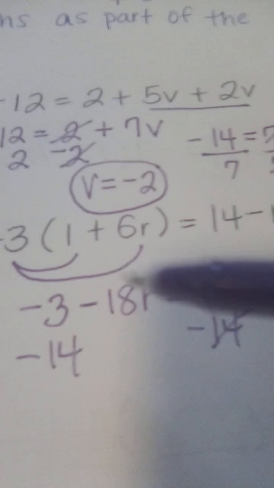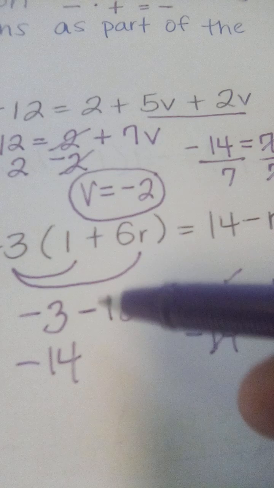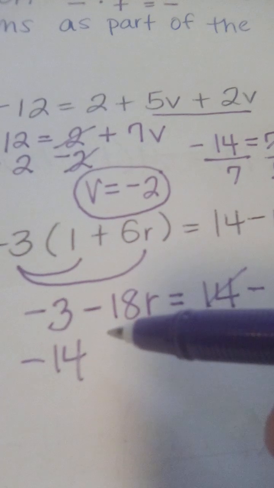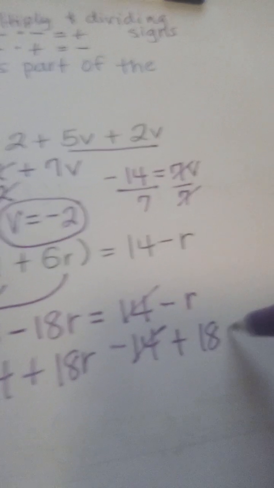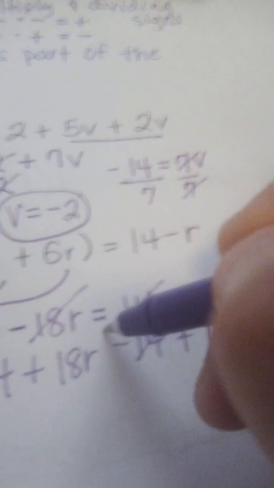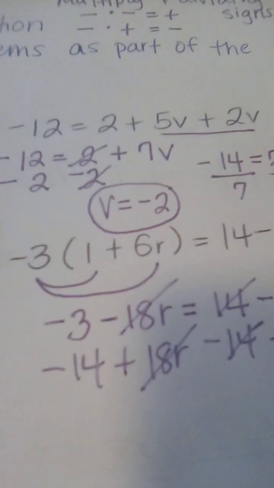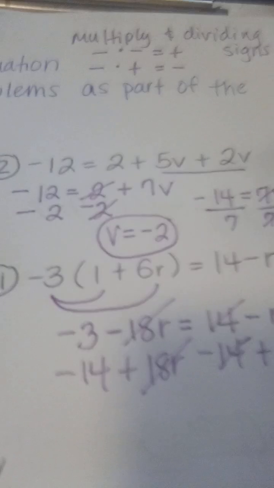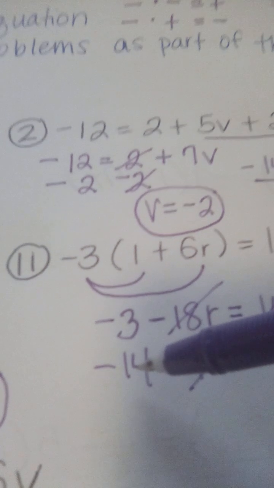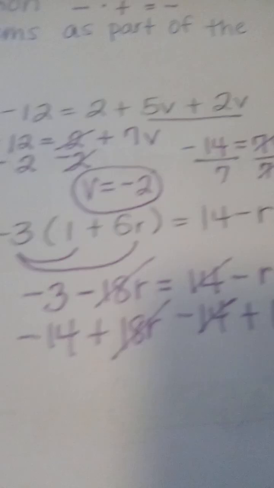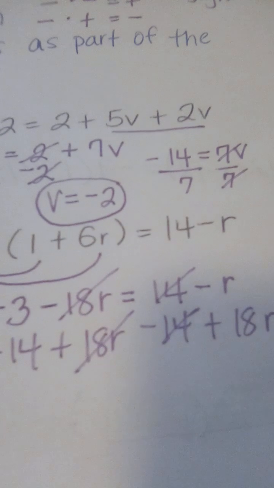All right. Then we do the 18r. What's the opposite? Positive, right? Positive 18r to the other side. That will clear out this side. So in order to get this problem finished, we have a negative 3 minus 14 on the left side and a negative r plus 18.